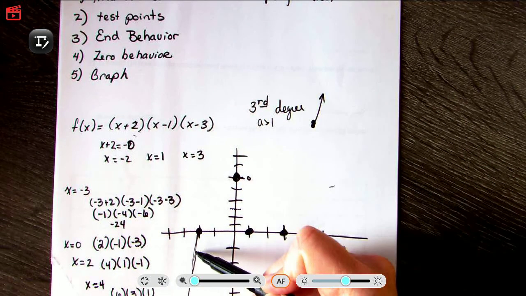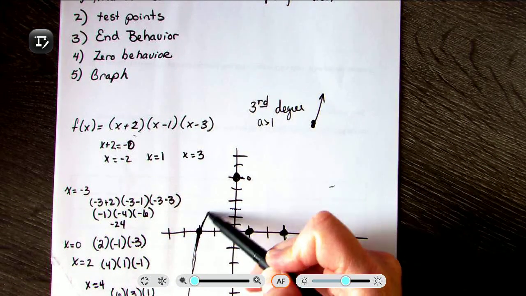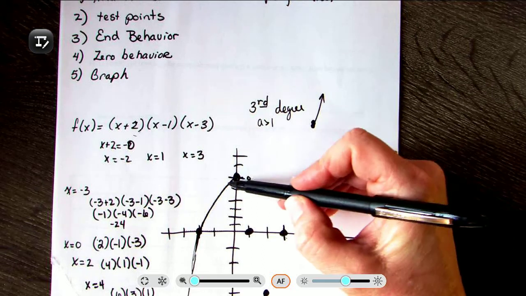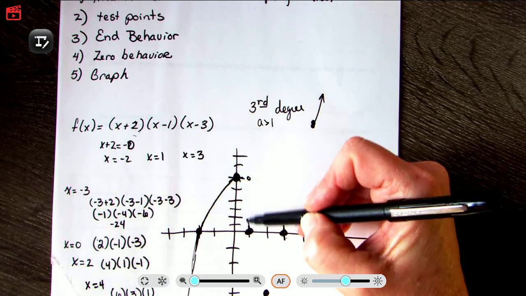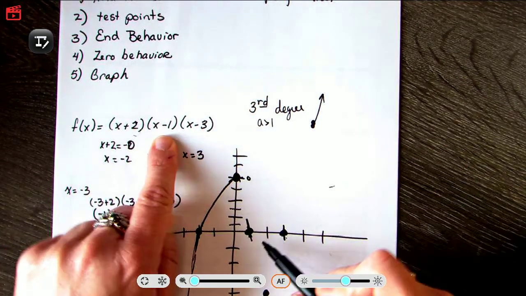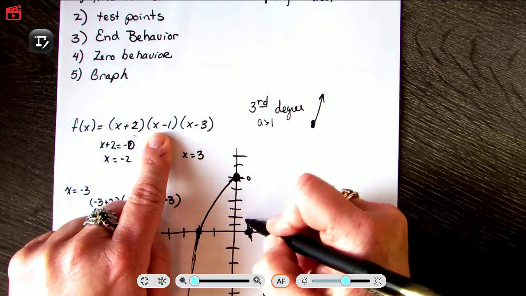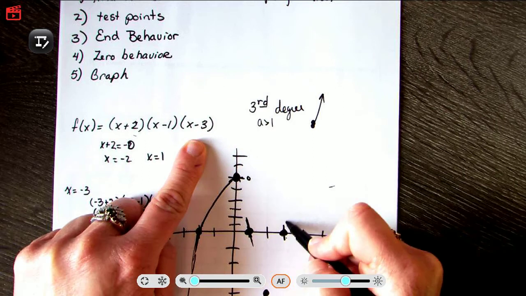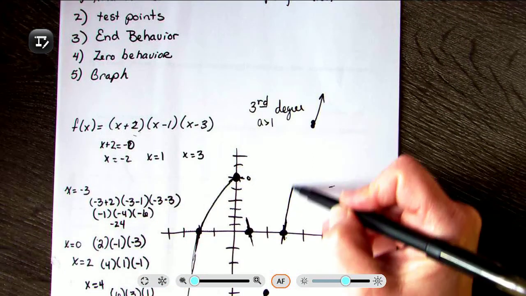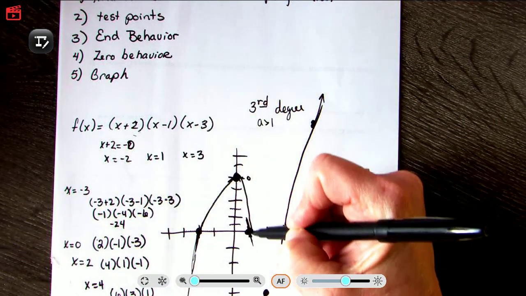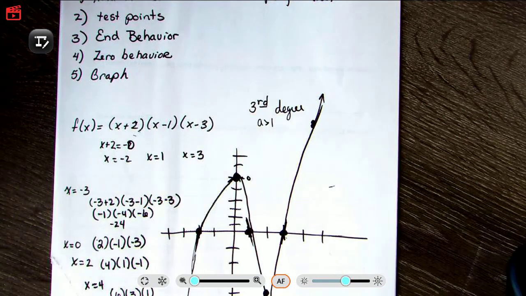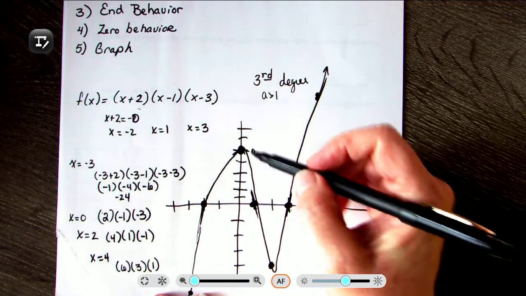So it's going to come through here like a straight line, and it's got to come up and hit this. This is going to come down eventually. It looks like it's coming pretty fast. Again, at x equaling 1, that's a single factor, so it's going to come through as a straight line. Single factor, straight line. We've got to connect all these dots. Now, I don't know if this is the lowest spot, if this is the highest spot.